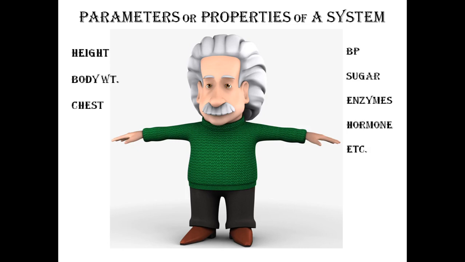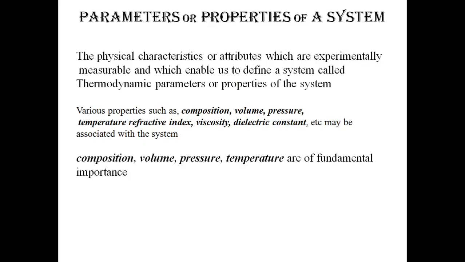So what are the parameters? Normally we know composition, volume, pressure, temperature. These are the fundamental parameters. Suppose you have a mixture of materials in your system; until you know the composition, you cannot know what matter is present and how much. So composition defines which matter is present in how much quantity.